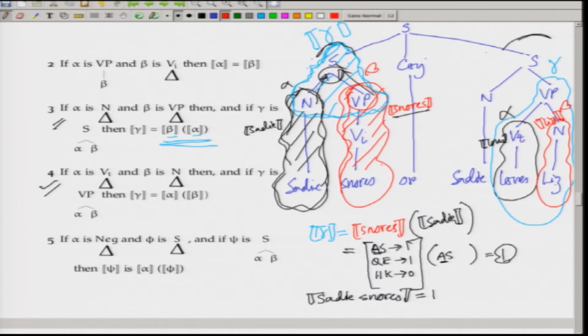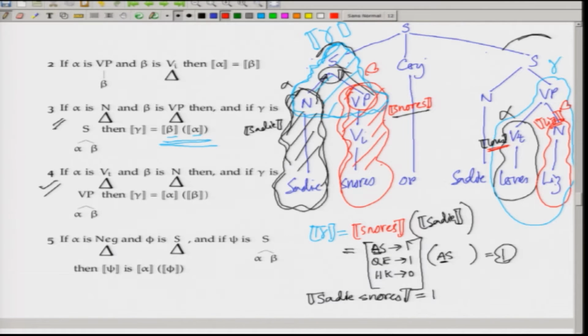Now, we do not know the denotation of gamma, what it is. We need to calculate that. So, now according to this rule, that is rule number 4, gamma will be the result of applying, or the result of giving this argument, that is the denotation of Liz, to the denotation of loves, right.